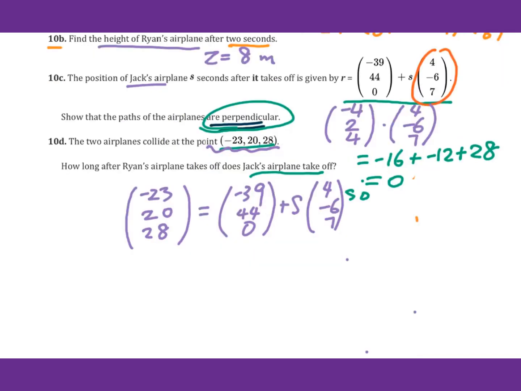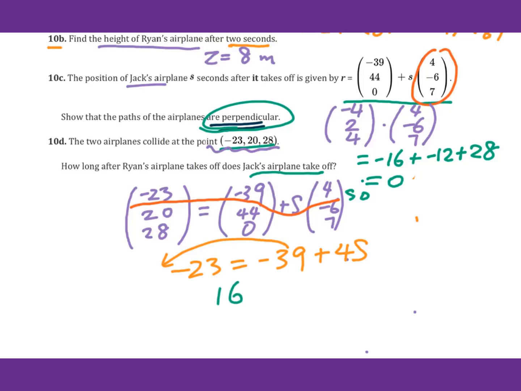You can use the first row to set up this equation so that you can figure out this s. That is negative 23 equals negative 39 plus 4s. Add 39 to both sides, you could say this will be 16 equals 4s. So s equals 4.